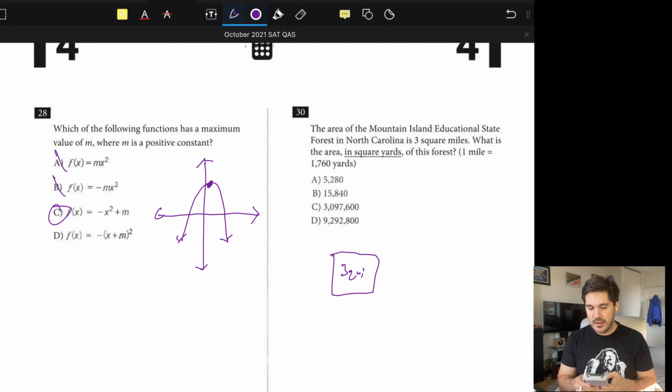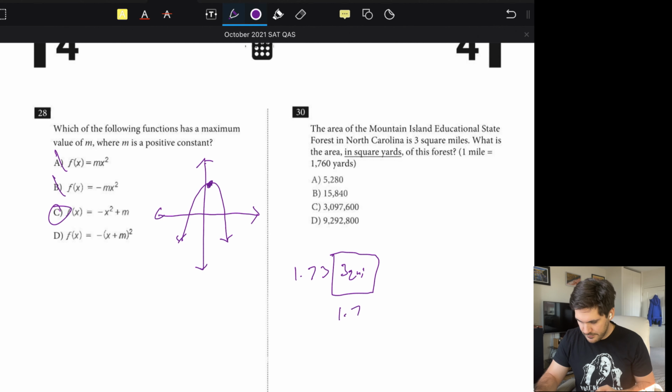That means each side is going to be the square root of 3, so 1.73. I wrote it weird, so I'll just write 3 miles squared. So each of these sides is 1.73 miles.